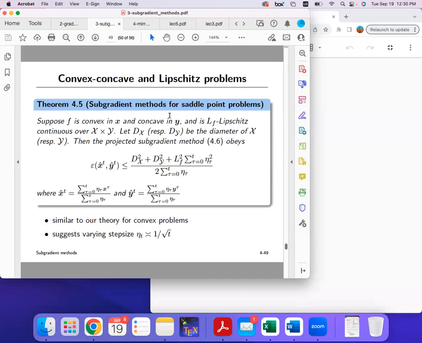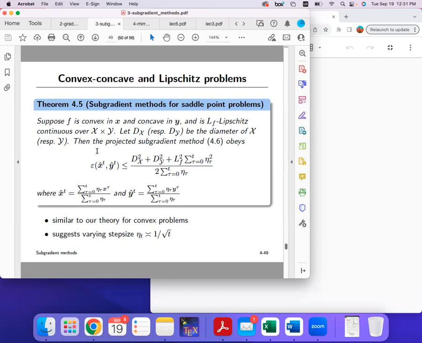Here we are looking at applying the projective subgradient method to solve a convex concave Lipschitz saddle point problem, and assume the variables x, y are in bounded sets. Then for this method, the duality gap in the t-th iteration is bounded by the following.